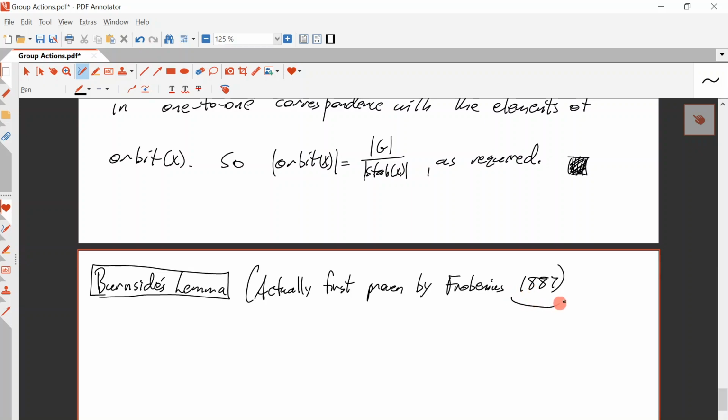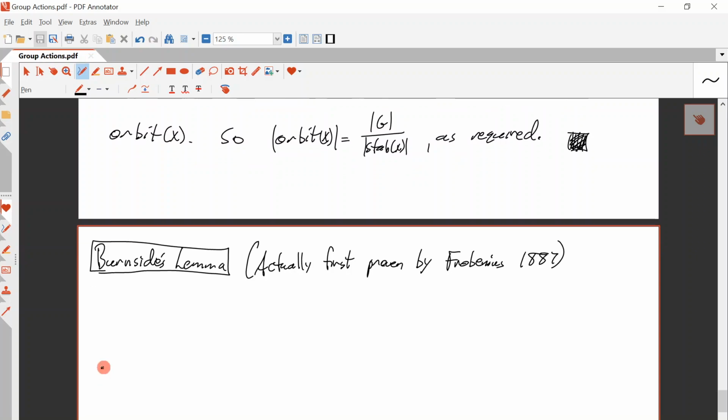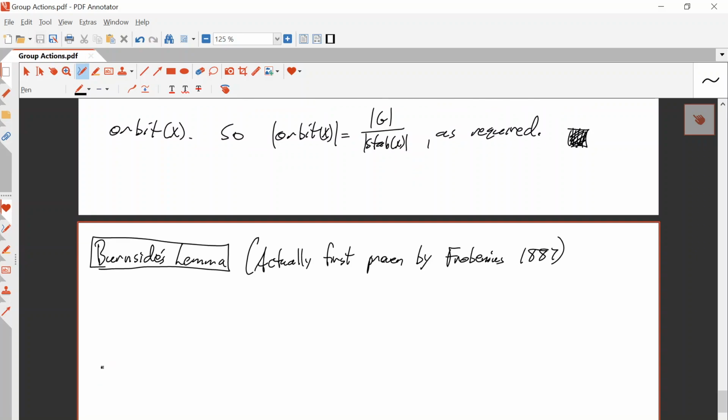Most of the mathematics that you learn as an undergraduate was developed 300 years ago or more, and it takes a little while to get up to the 20th century. So we're almost here, 1887. As far as mathematics goes, this is relatively new compared to calculus and differential equations and stuff that you learn as an undergraduate.